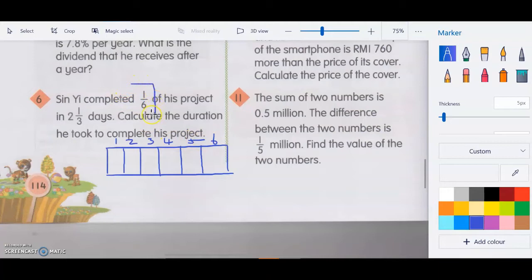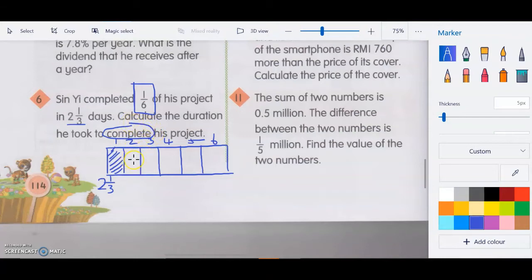So she completed 1/6. You shade 1 out of 6 parts, and this one part over here, she took 1/3 days.